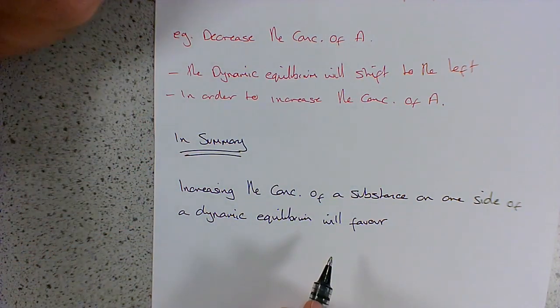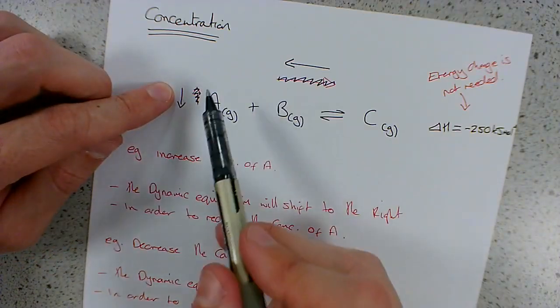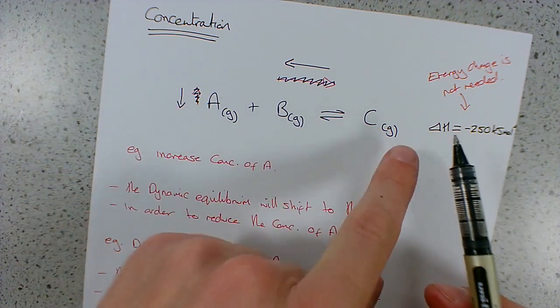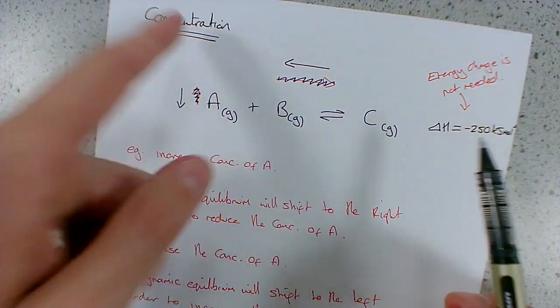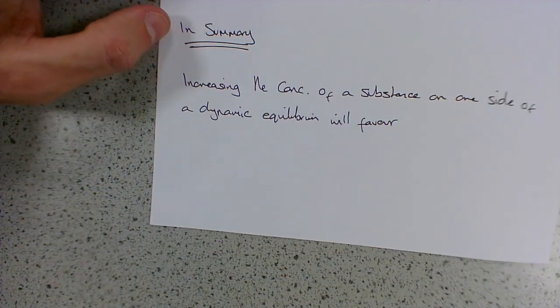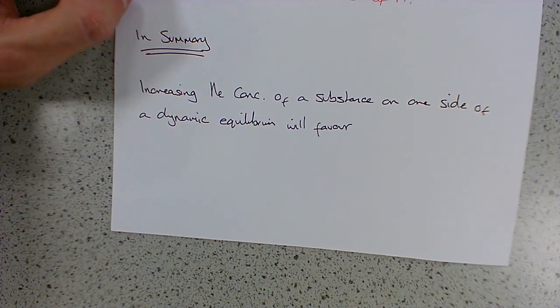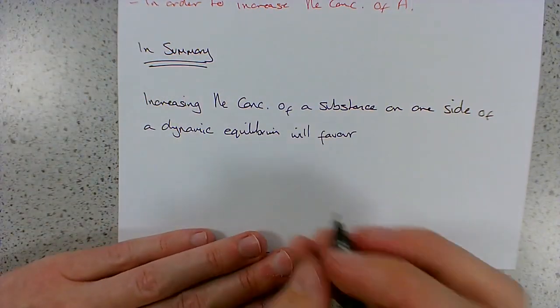So if I increased A, it would favour the other side. If I increased C, it would favour the other side. So increasing concentration of a substance on one side of a dynamic equilibrium will always favour the opposite.